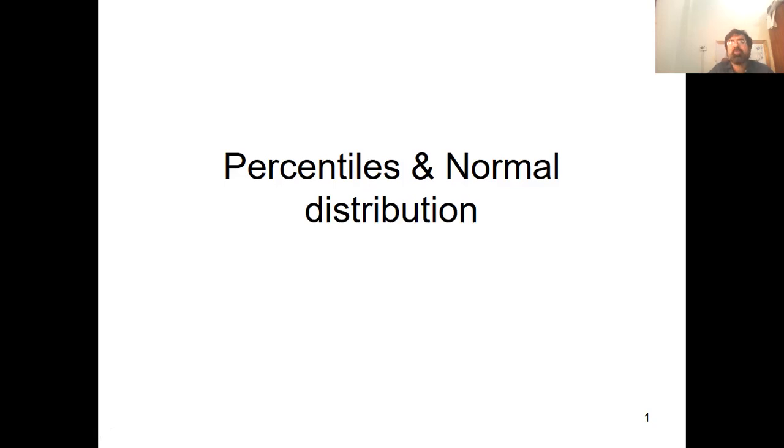So if you know the score, you can calculate the Z-score, and from the Z-score, you can calculate the percentile of that person. And also, if a person is in a group, a percentile, for example, the person is in the 90th group, that he is having 90th percentile, what will be his score?